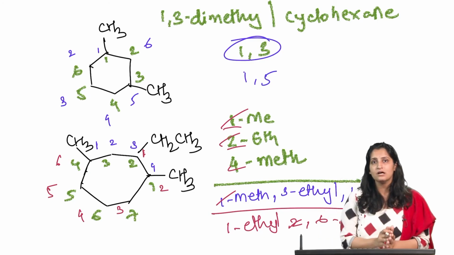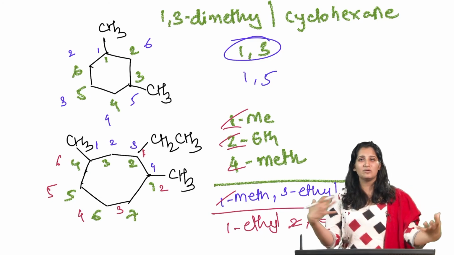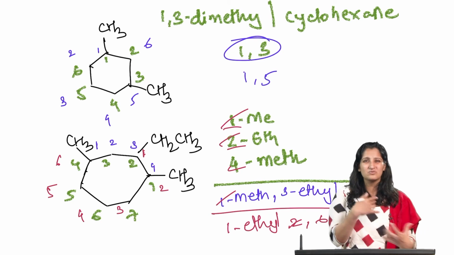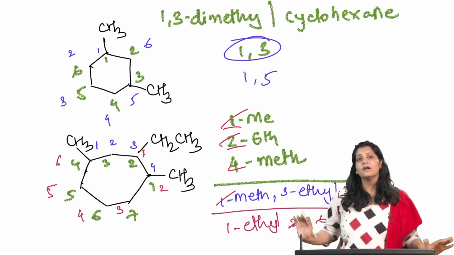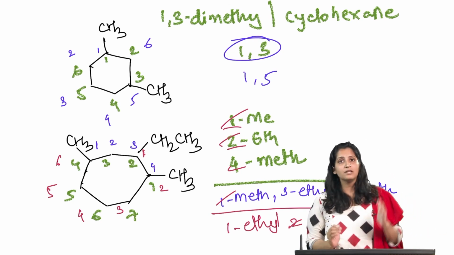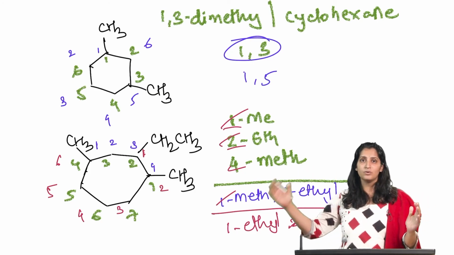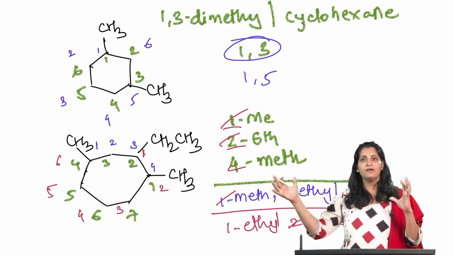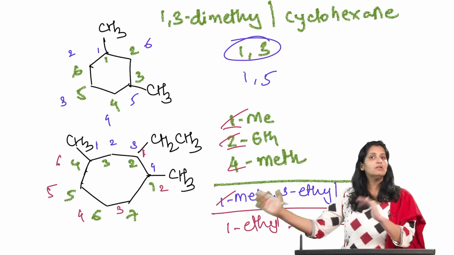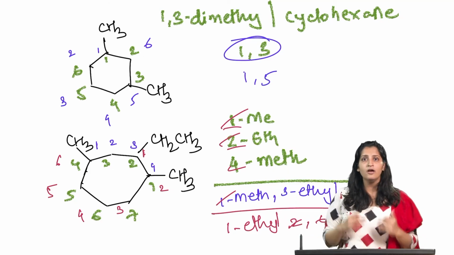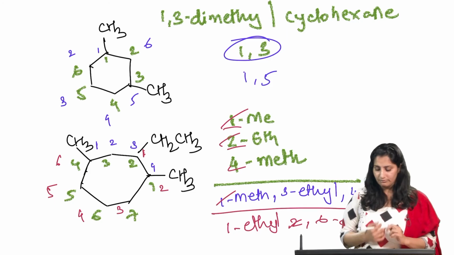Many a times I see students making a mistake where they are trying to add these numbers up and look at the sum. That is not the right way. Always remember that you want to go number by number, 1, 2 and 4 versus 1, 2 and 6. 1 and 2 tie with each other. So, now I debate between 4 and 6. That is the right way of figuring out which one is the better way of numbering.